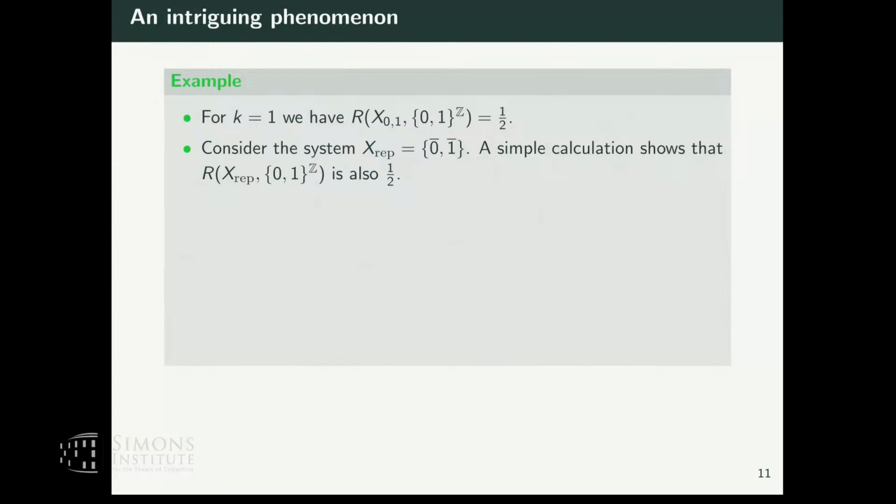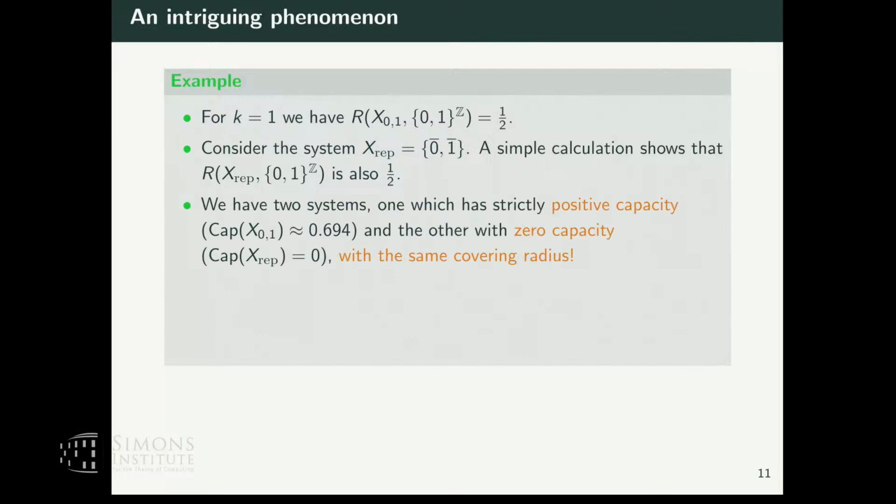Well, that one also has a covering radius of half, right? Because anytime you get a string, by flipping at most a half, you will get to either all zeros or all 1s. This is trivial. And so we have two systems with covering radius 1/2, but one of them, the repetition code, has rate 0, whereas the other one has positive rate, meaning there are exponentially many strings in this system.